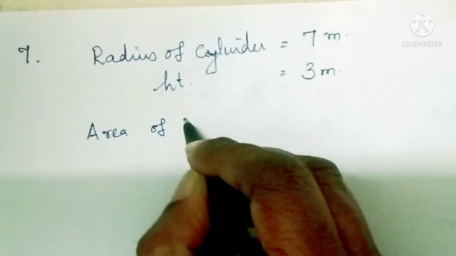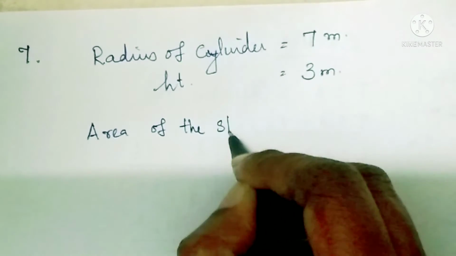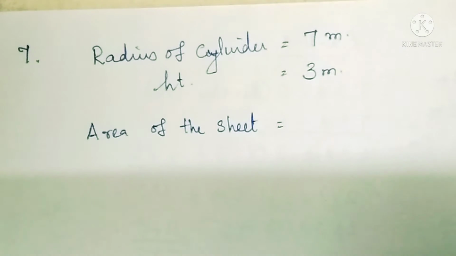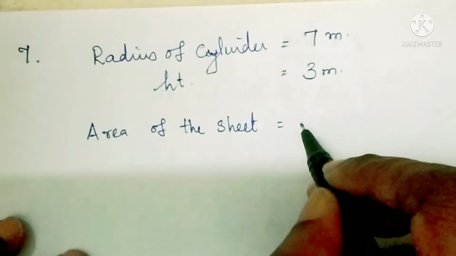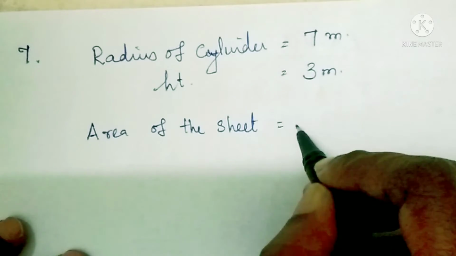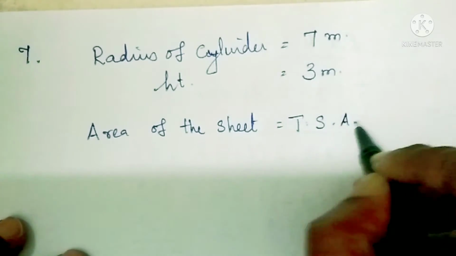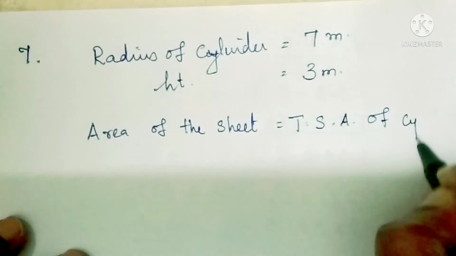But here one thing you have to think is it is a closed cylinder. Closed cylinder means you have to find out both the top and bottom portion also. So we need to find total surface area. Area of the sheet is equal to TSA of cylinder.